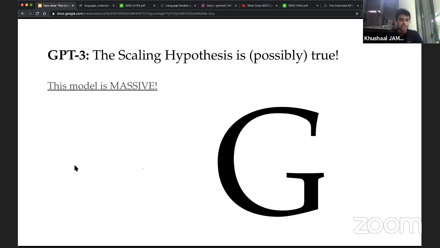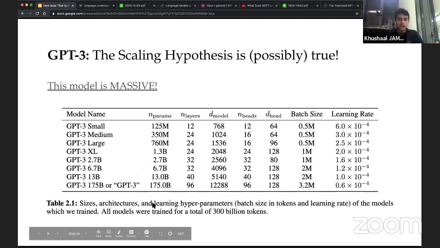The first thing to note about this model is that it's gigantic. I don't know if you can see here, there's a tiny G over here, and there's a humongous G. This is a to-scale representation of how much bigger GPT-3 is compared to GPT-2. It has 175 billion parameters, whereas GPT-2 only had, I think, 1.3 billion.